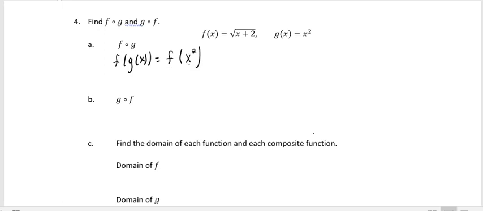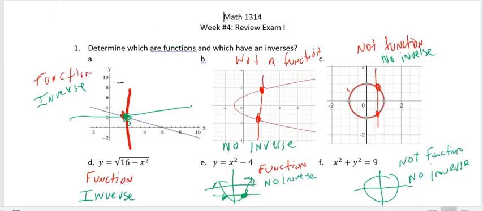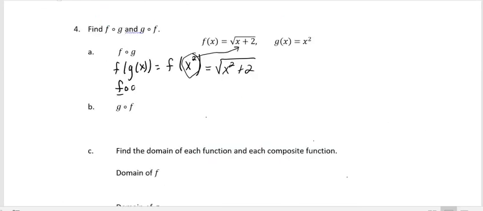I have f of x squared, so this x squared is going to have to be replacing the x for the function f. Okay, so this is going to be equal to the square root of x squared plus 2. So my composition, f composed of g of x, is just equal to the square root of x squared plus 2.